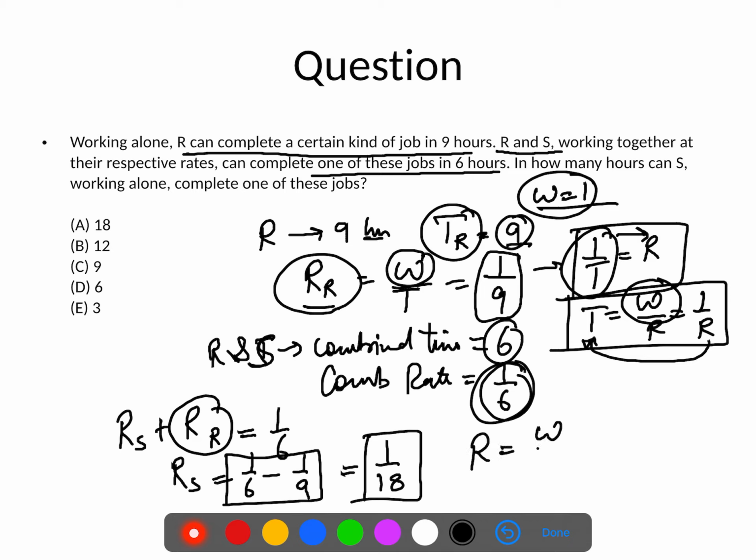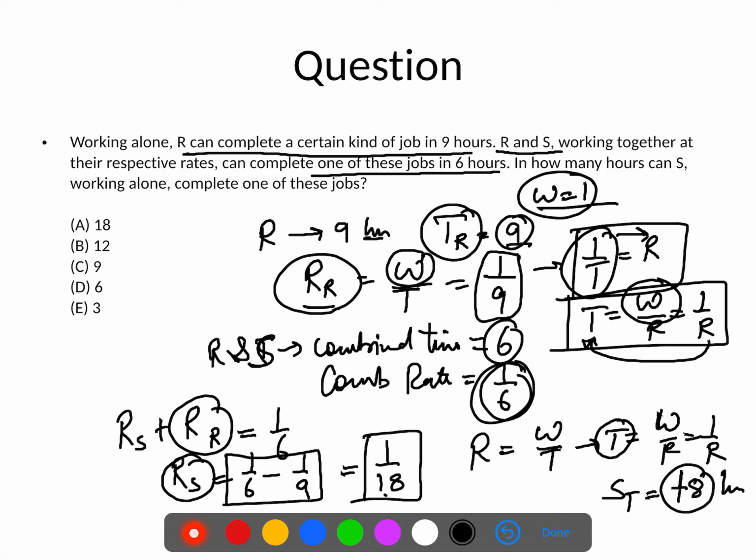Rate is equal to work upon time, or time is equal to work upon rate, that is 1/R. So for S, the rate is 1/18. So time taken for S would be the inverse of that, 18 hours. When we are taking work as 1, inverse of rate would be time, inverse of time would be rate.